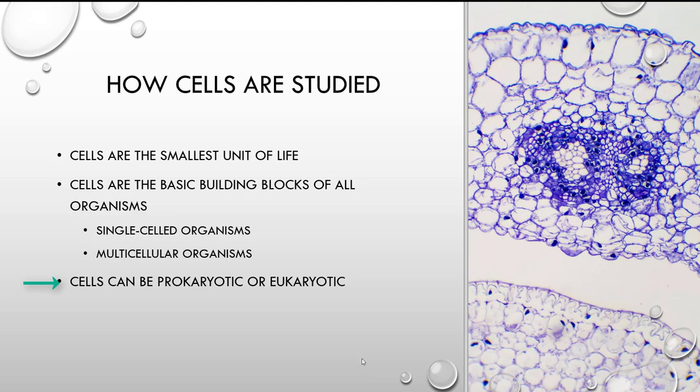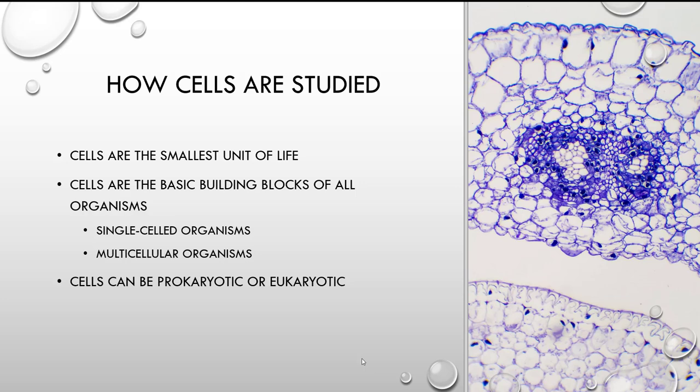Prokaryotic cells are those small, simple cells that lack a nucleus, and eukaryotic cells are the ones that have a true nucleus where the DNA is housed. If the cell itself is the organism and it's a prokaryotic cell, they only come as single-celled organisms. You'll never see a multicellular prokaryote.